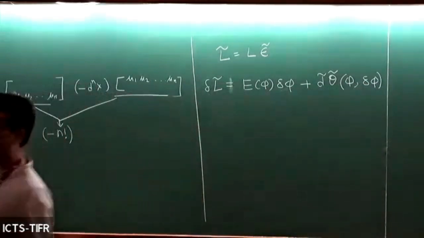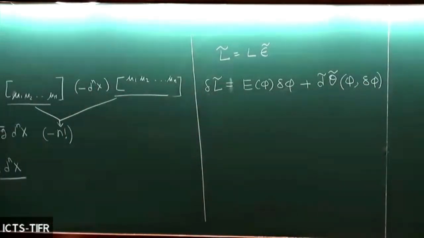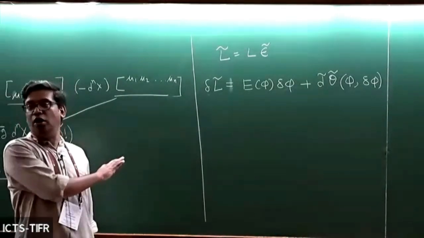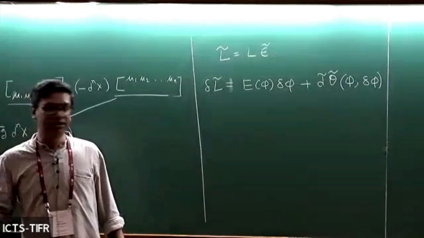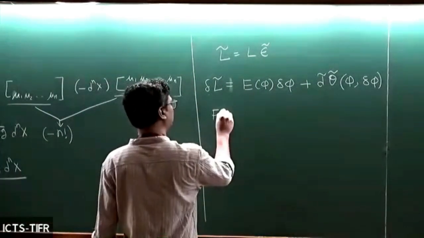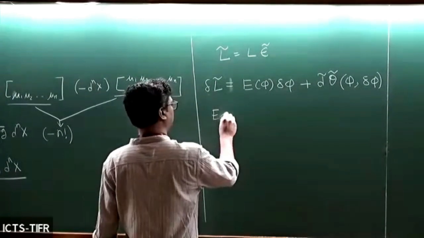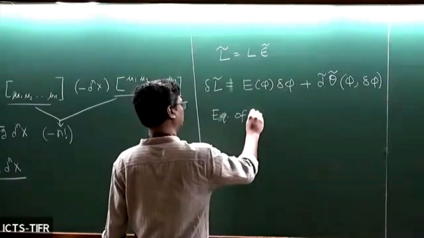But for the time being, let's go ahead. This is a pure theory; with only this Lagrangian, there is no matter in it. So what will be the equation of motion?